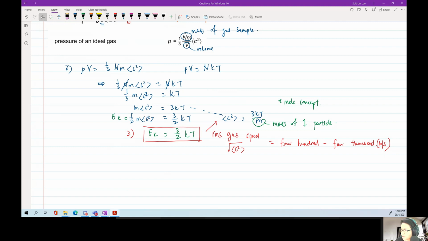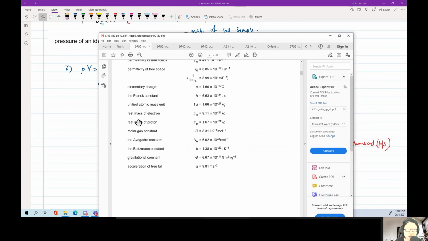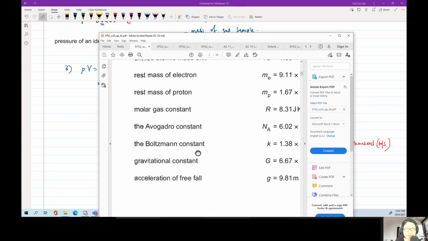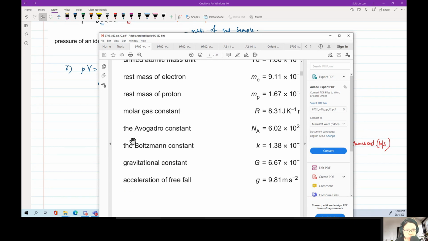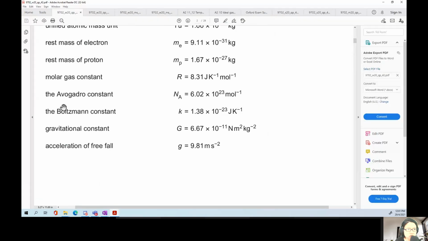I don't know how students can choose the wrong constant from the table. Did they give you k? It's there, so maybe you forgot. It's this one, called the Boltzmann constant. All the constants are together in one place. You need the molar gas constant, which is R, the Avogadro constant, Na, which is the number of particles in 1 mole, and the Boltzmann constant, which is R divided by Na.